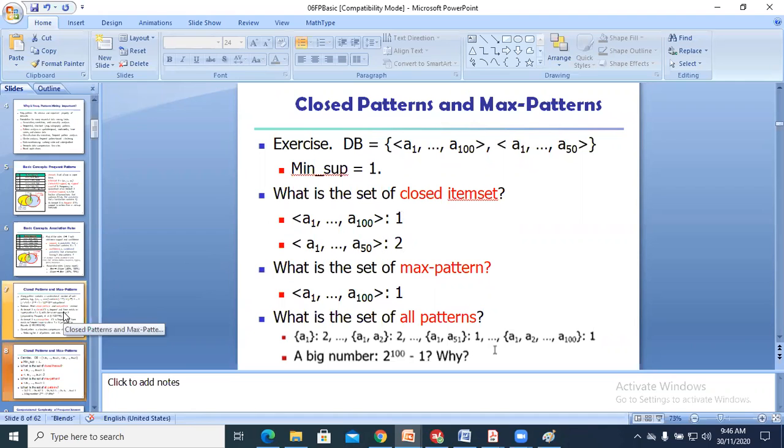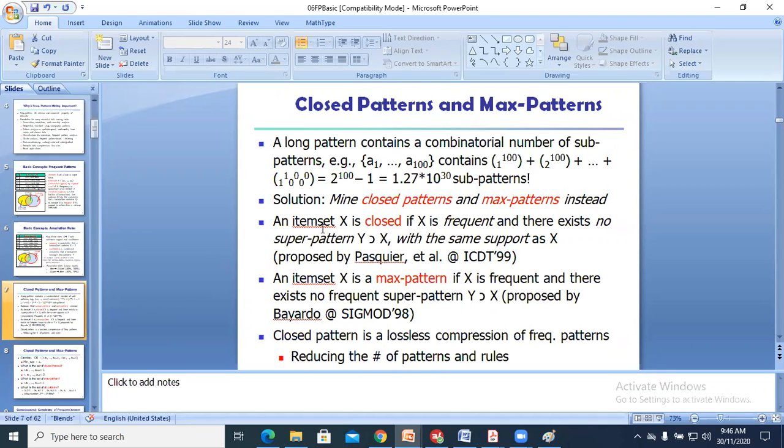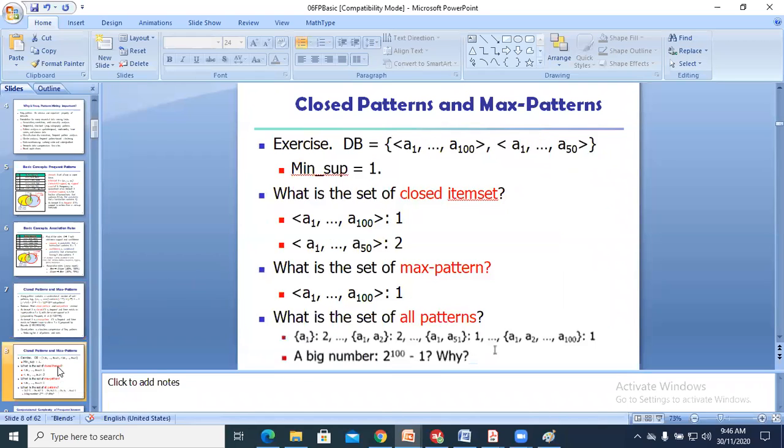Now look into the definition. An item set X is closed if X is frequent and there exists no super pattern with the same support as X. So we see here that A1 to A50 has a superset A1 to A100, but it doesn't have the same support as A1 to A50, because 2 is greater than 1.